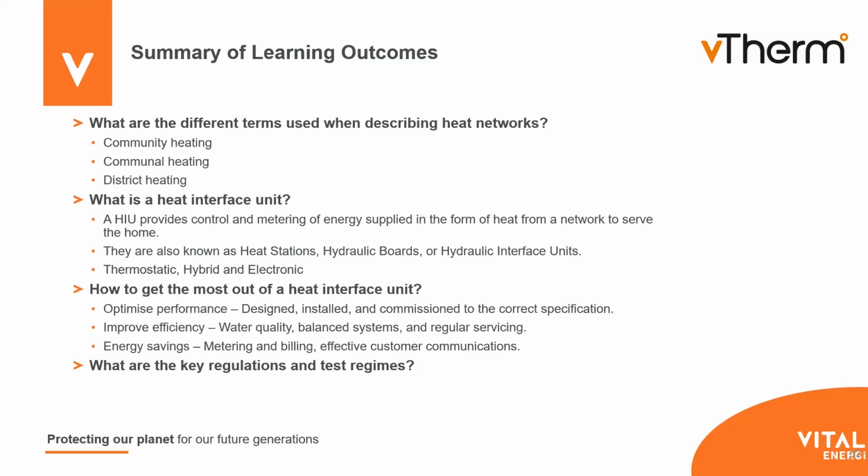And how do we get the best out of them? We want to look at optimizing the performance. We want to make sure they've been designed correctly. So you can look at things like BESA and BSRIA requirements, how they've been installed. So we're looking at risers and laterals correctly, and making sure that they've been commissioned. Some manufacturers will only do a 10% commissioning, and then the rest is online.